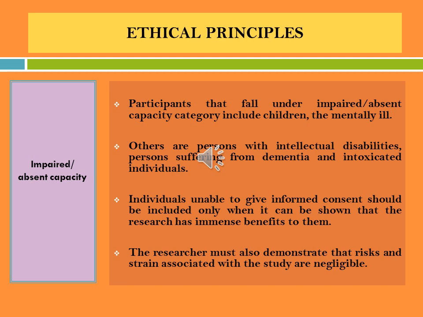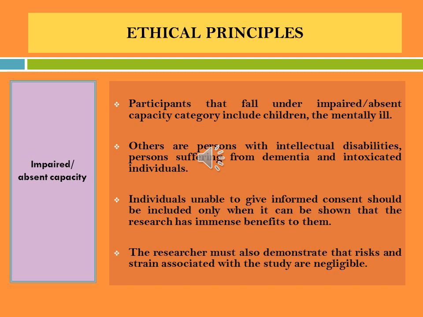They include children and the mentally ill. Others could be persons with intellectual disabilities, persons suffering from dementia, and those who are intoxicated, either through drugs or alcohol. Therefore, they are not in the right mental state at the time when a study is being undertaken to consciously engage in the study.